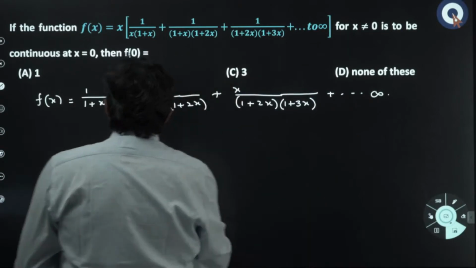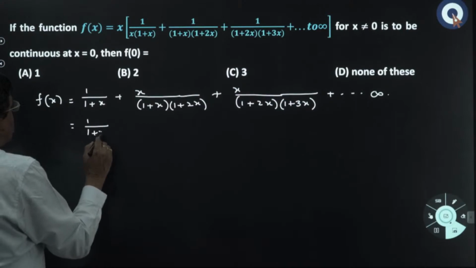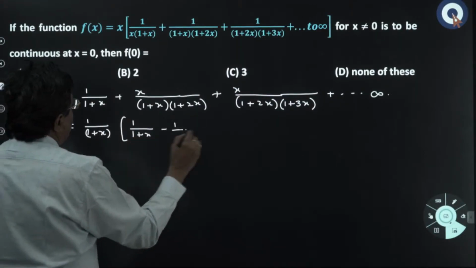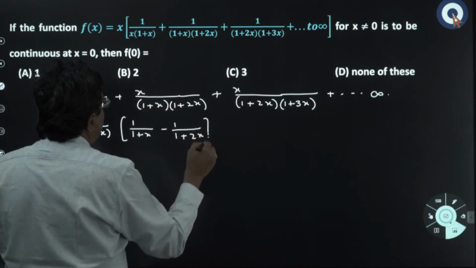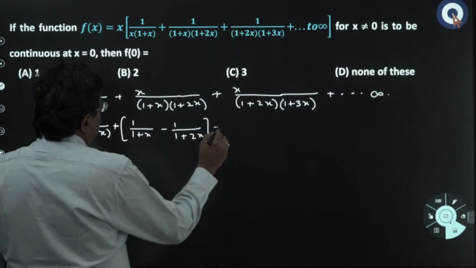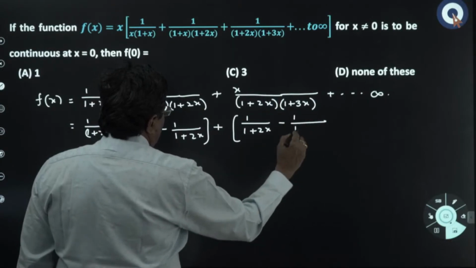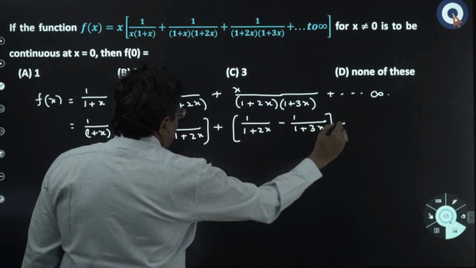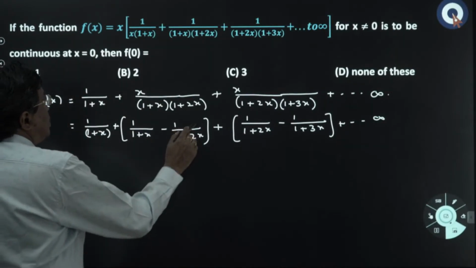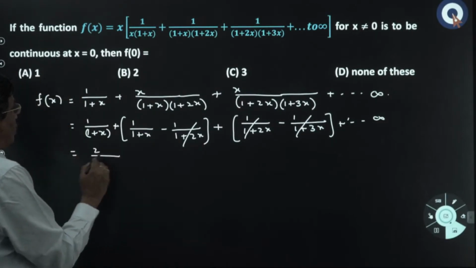So this is 1 by (1 plus x) into, you can split up into partial fractions like this, 1 by (1 plus x) minus 1 by (1 plus 2x), plus 1 by (1 plus 2x) minus 1 by (1 plus 3x), and so on up to infinity. So now you can see these terms get cancelled. So we are just left with 2 by (1 plus x).